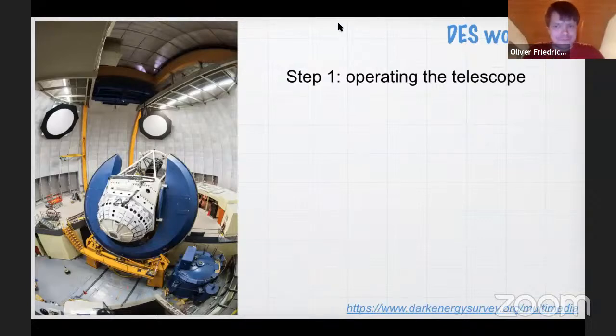Now, the DES workflow is quite a long one, consisting of many different tasks. And this is exactly why we need such a large group of people, and have to organize them in lots of different working groups. But the DES workflow really starts with the telescope, obviously.